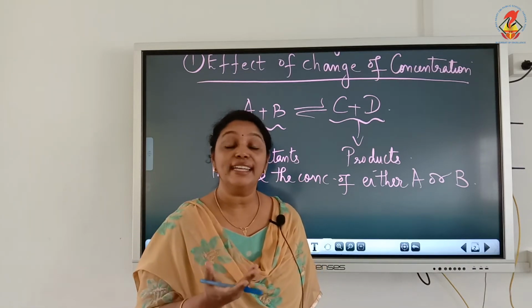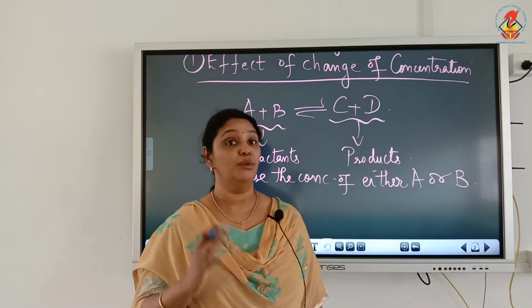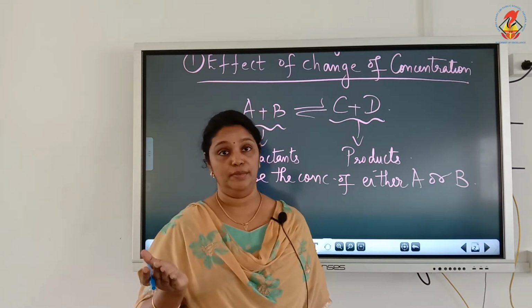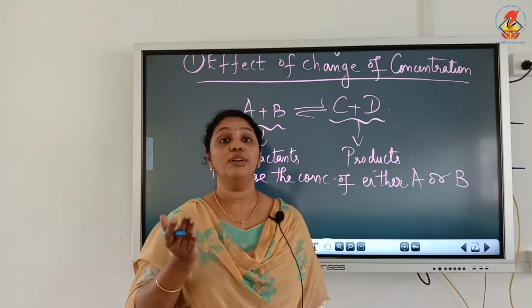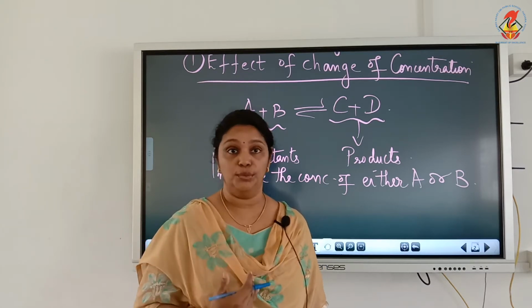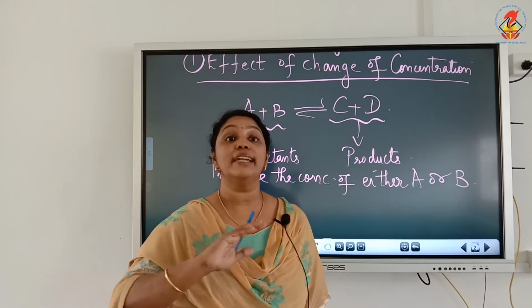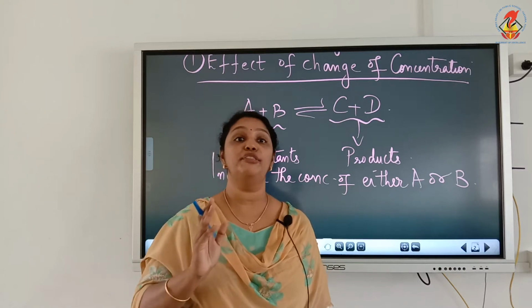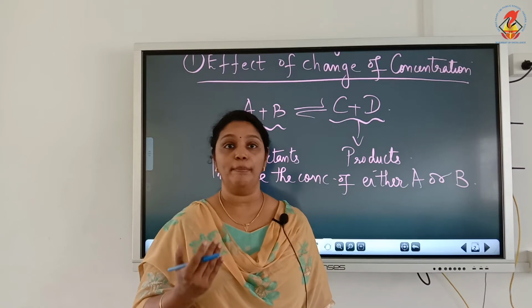Now I increased the concentration of the reactant A or B. Now the equilibrium is disturbed because there is more concentration of the reactant. So what will this system do? According to Le Chatelier's principle, now the system will try to nullify the effect of that increase in concentration of the reactant. So what will happen?